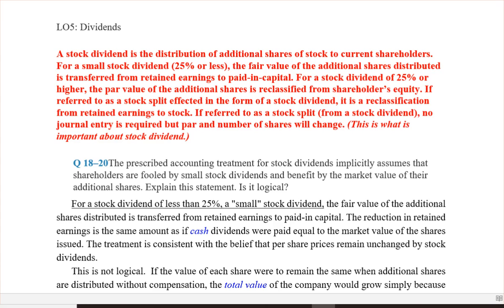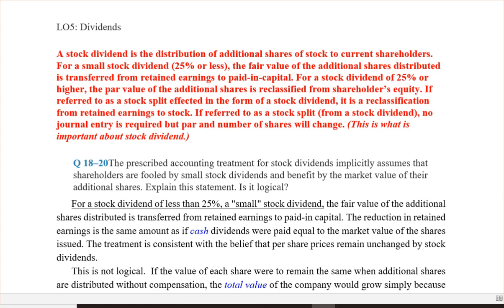It's handled the same way as if you were issuing those shares: a debit to cash for the cash coming in, then a credit to common stock and a credit to paid in capital common stock. The difference is that you're not getting cash in, and you're instead debiting retained earnings.